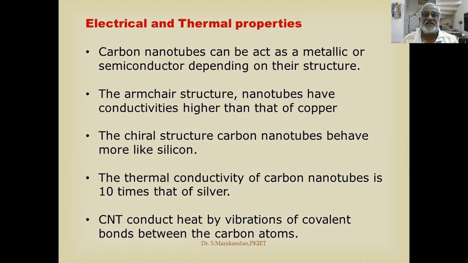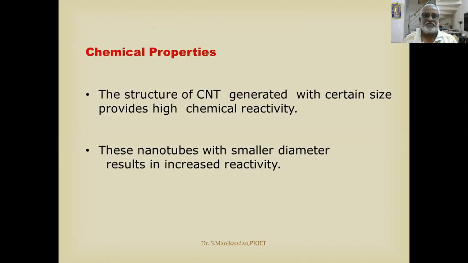In the case of chiral structure, the carbon nanotubes behave more like silicon. The thermal conductivity of a carbon nanotube is 10 times that of silver. This is the thermal property. In the case of CNT, the conduction is by means of the vibration of covalent bonds between carbon atoms.